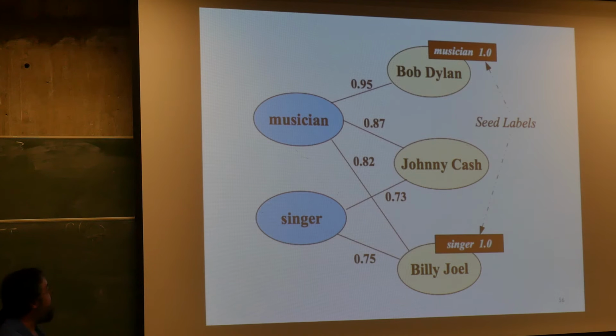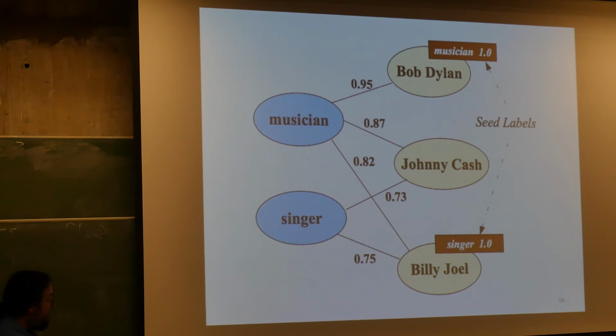So what does that look like? We've got some things like musician and singer, right? And they're linked to these entities, okay? So we're going to take that graph and extend it. I guess I don't have the other slide. But we'll extend this.